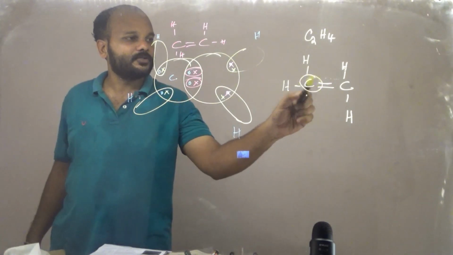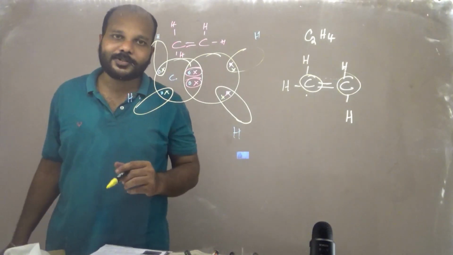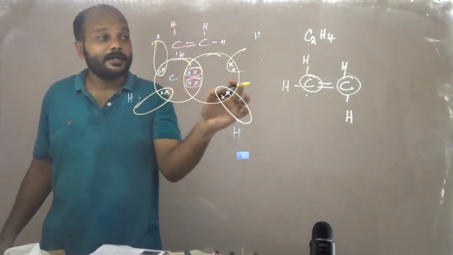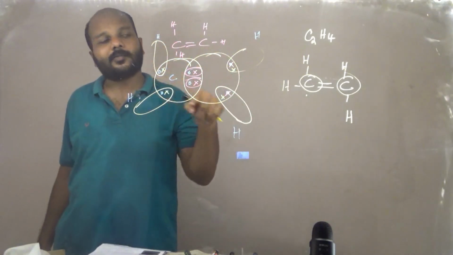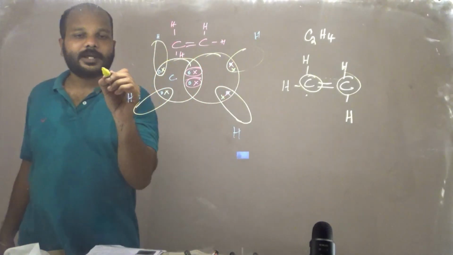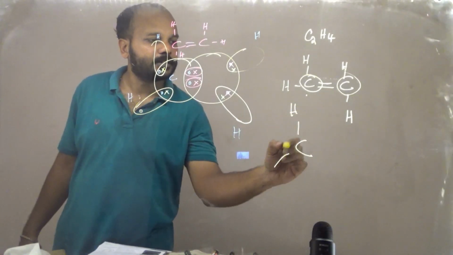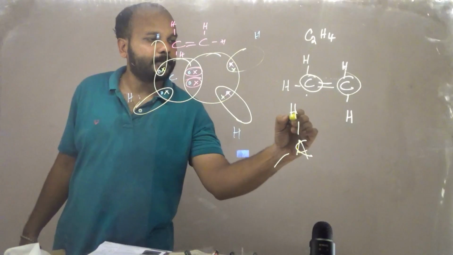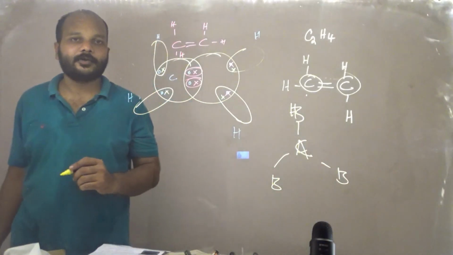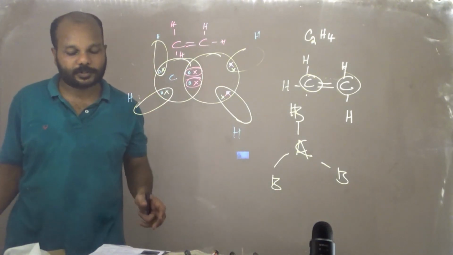This carbon atom and this carbon atom are both in the form of a tetrahedron, not tetrahedron, triangular planar. Okay, triangular planar. It is actually A with B, B, B, so it is in the form of a triangular planar shape.